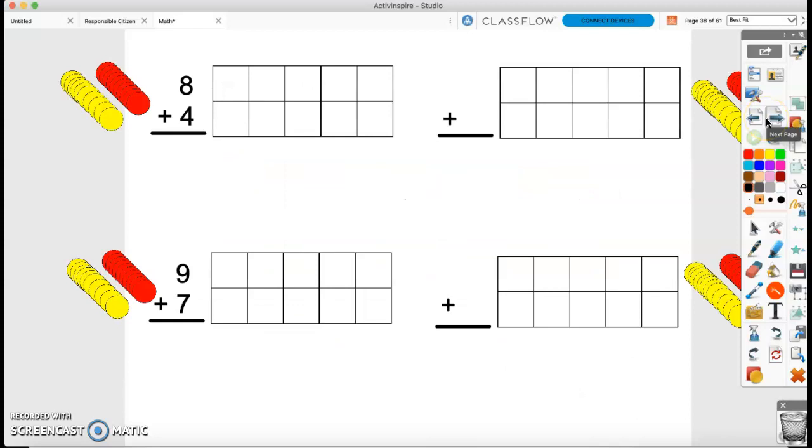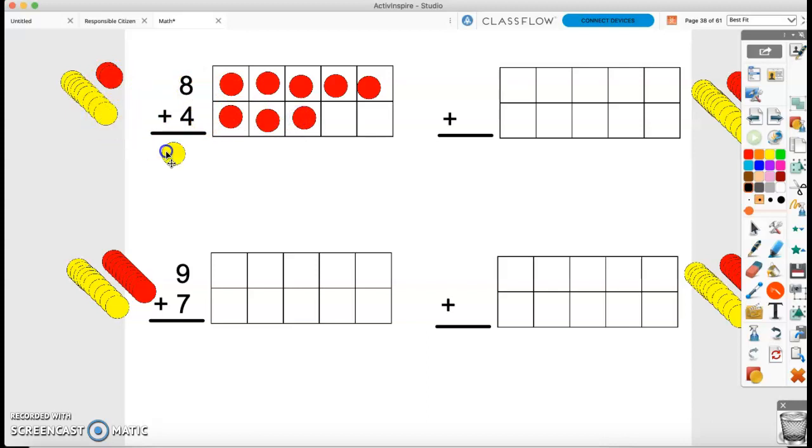So let's try these ones. We have 8 plus 4. So we're going to try 8 red, 1, 2, 3, 4, 5, 6, 7, 8.